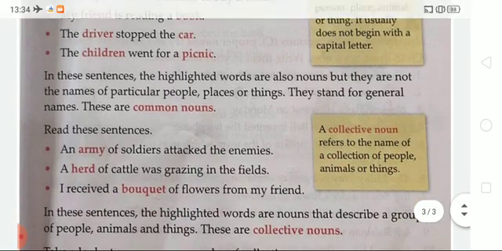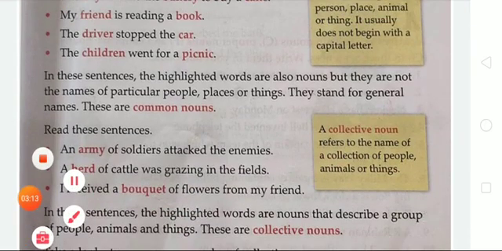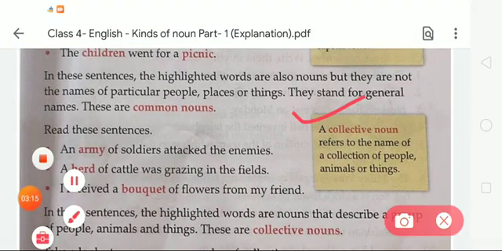And the next is the collective noun. The third noun is the collective noun. What is a collective noun? A collective noun refers to the name of a collection of people, animals or things. For example, as you can see on your screen, read these sentences.